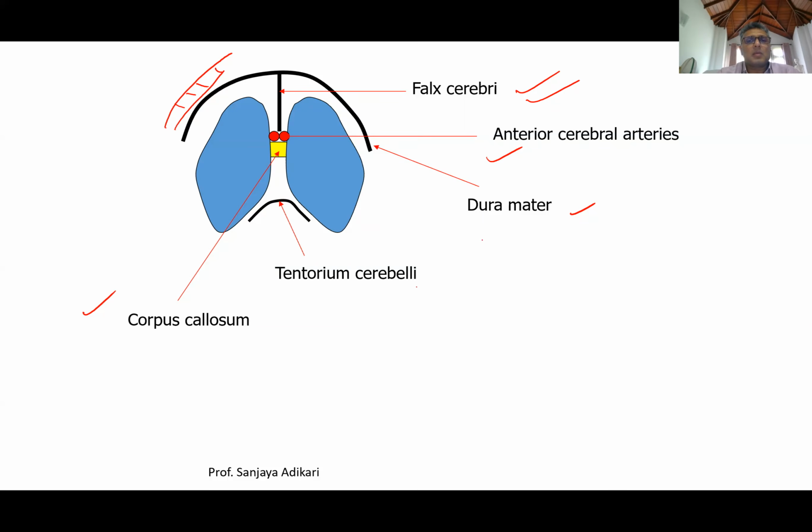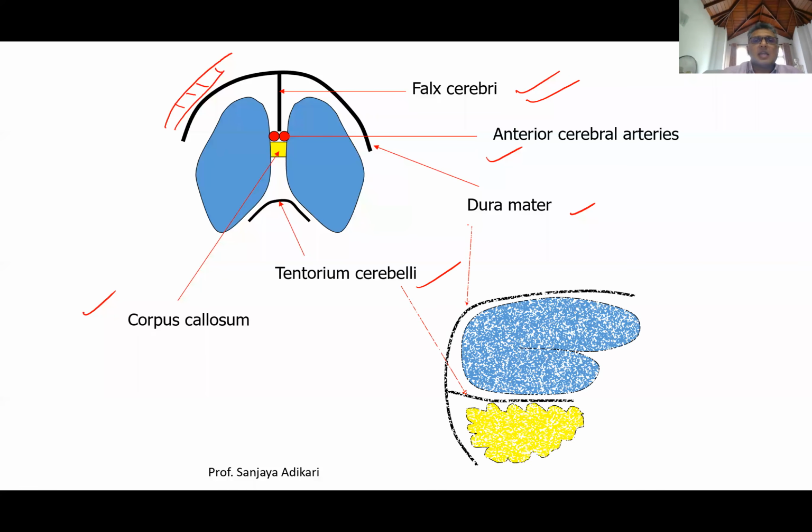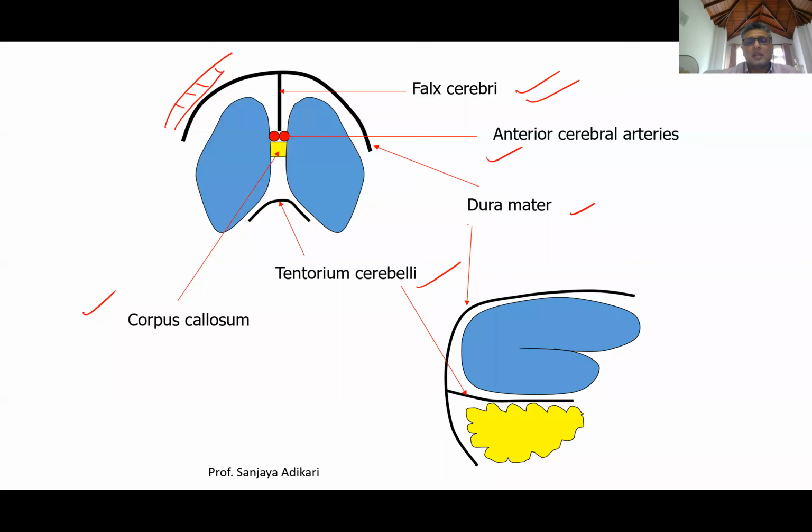Then this is the tentorium cerebelli that separates the cerebral hemispheres from the cerebellum. So what happens is this. If you take a sagittal section instead of a coronal section, this is how you see the cerebrum, cerebral hemispheres and the diencephalon inside. Then this is how you see the cerebellum.